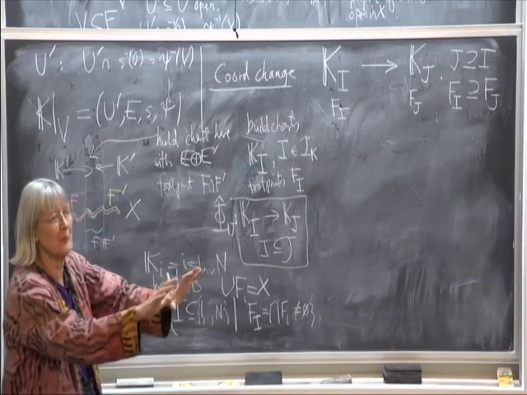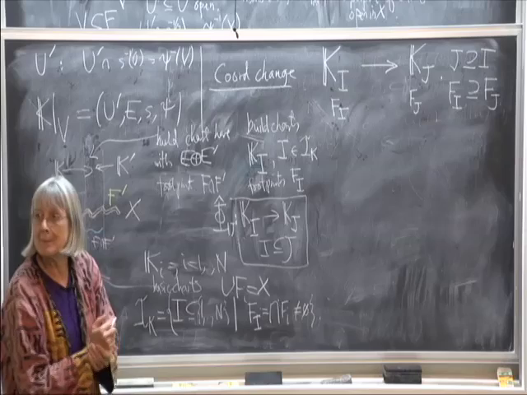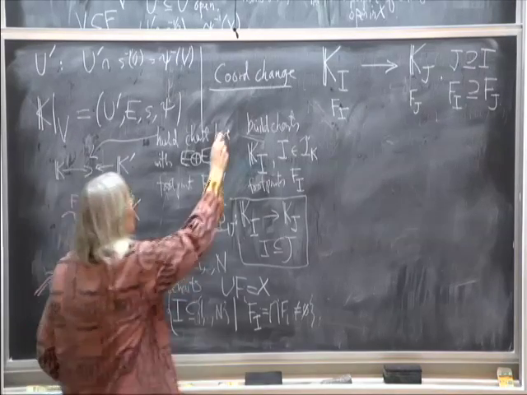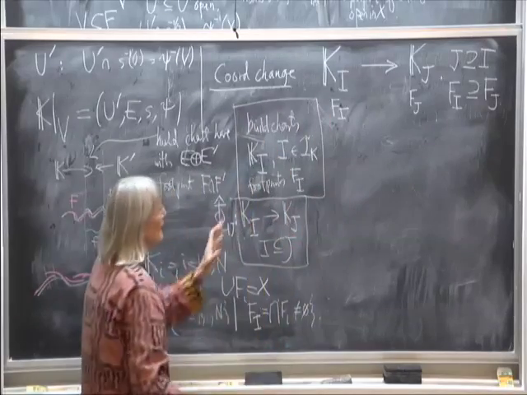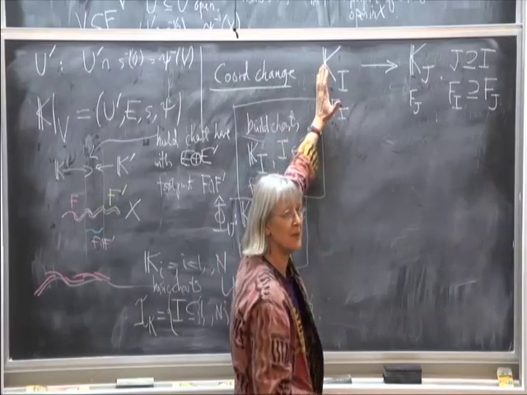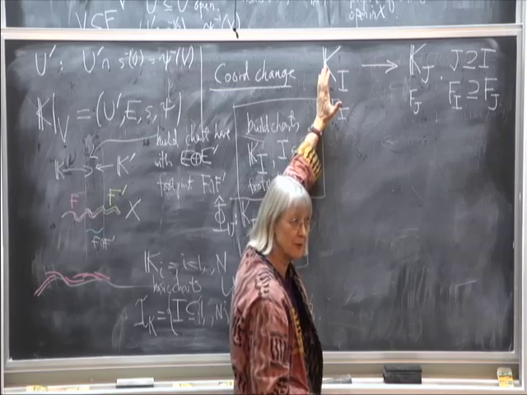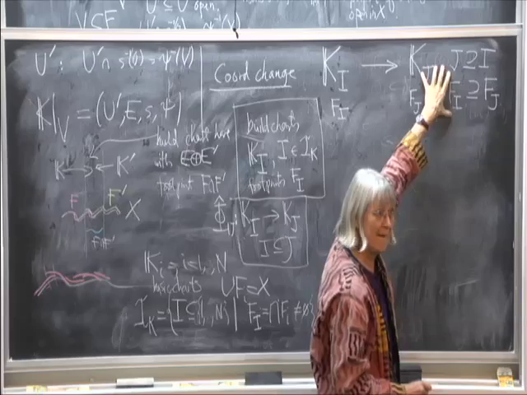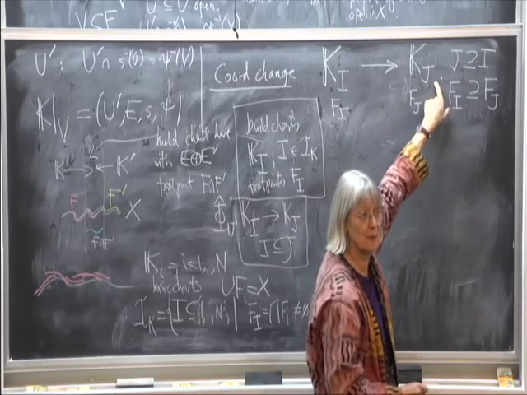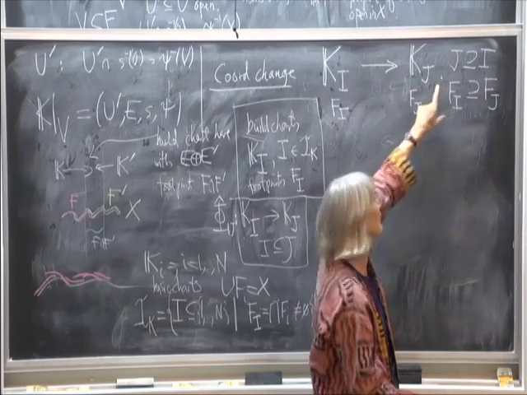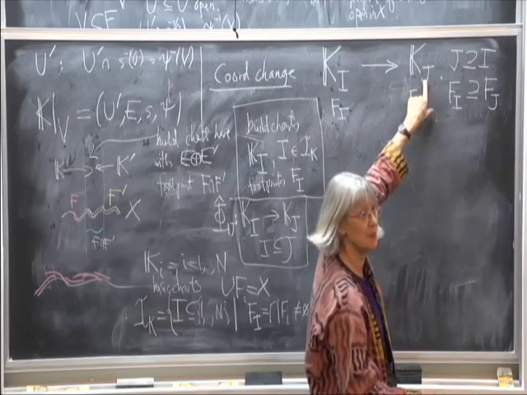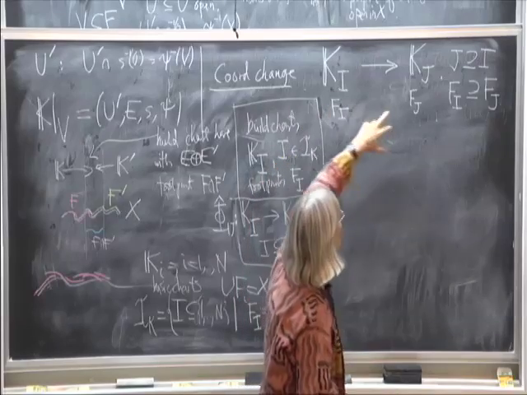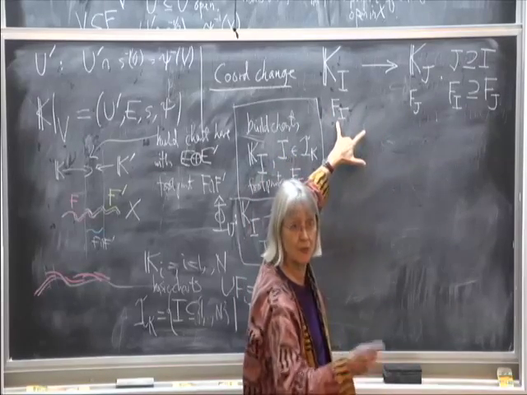Well, I will tell you more about this. Yeah, I understand. I have not explained. I'm just giving you an abstract definition of what a coordinate change is from one chart to another chart. I'm using this notation because that's going to be relevant later. So I'm labeling this one as K big I and this one K big J. They've got footprints Fi and Fj, and these Fs are intersections.